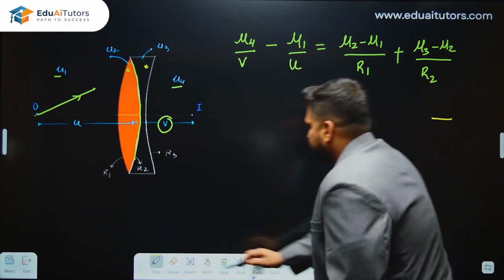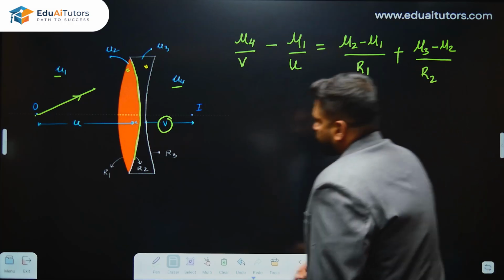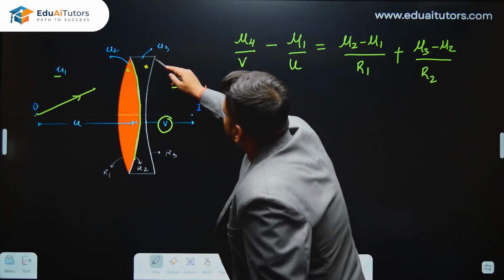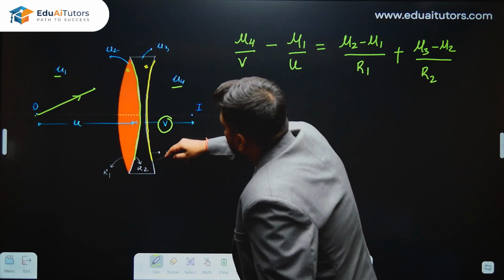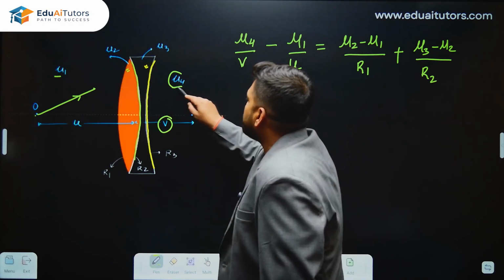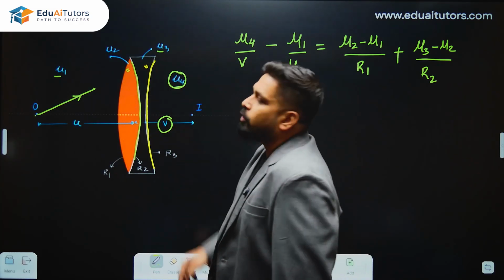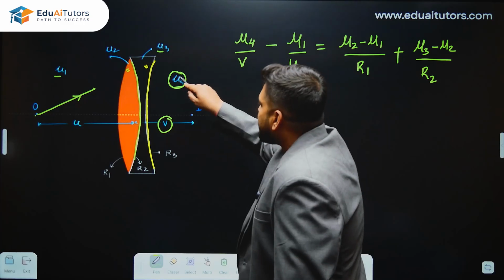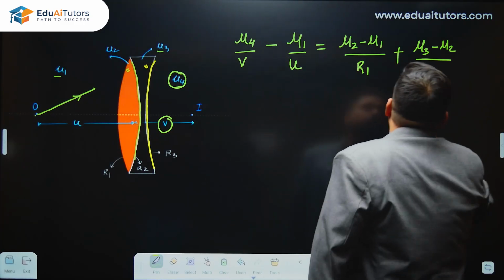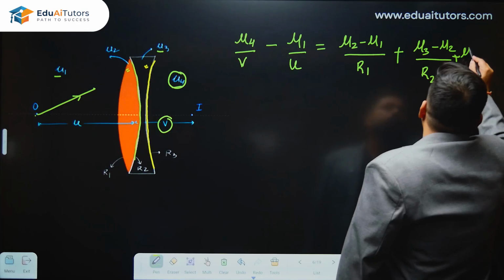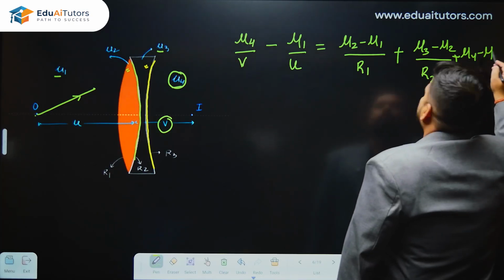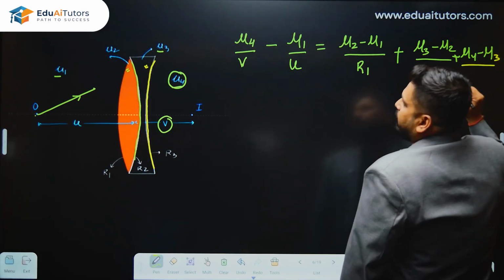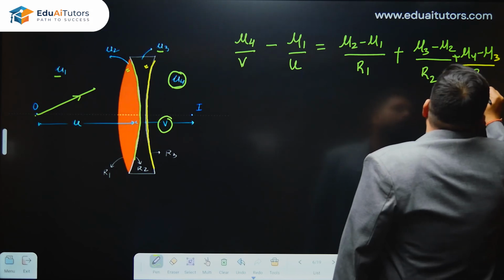And finally, when you are going to this surface, if you see, where is it going? To mu4. Where is it coming from? It is coming from mu3. All right. So where it is going, minus where it is coming from, right? So plus we'll have mu4 minus mu3 divided by R3.